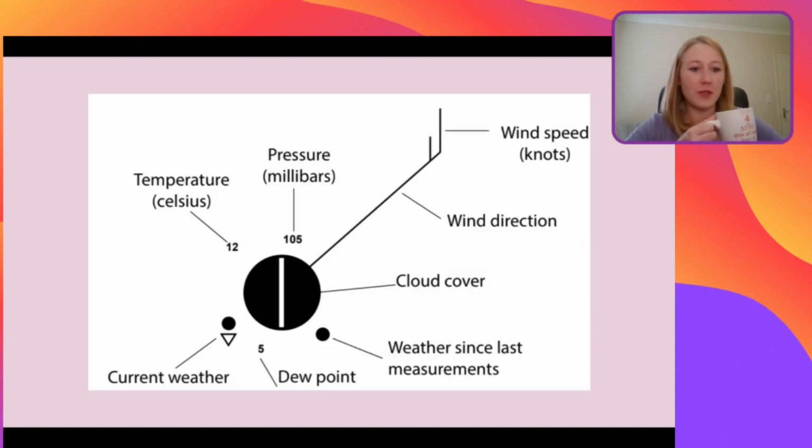So if we go back to this one, here we can see that it's basically completely covered, but there's one little piece missing. So that would be 7 octaves.